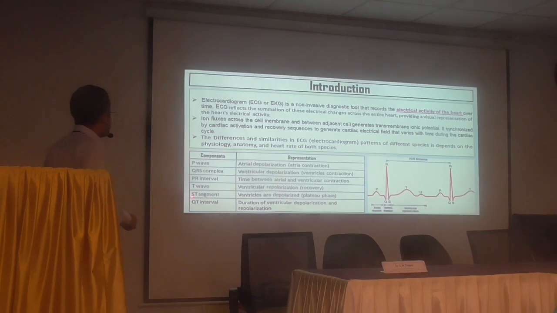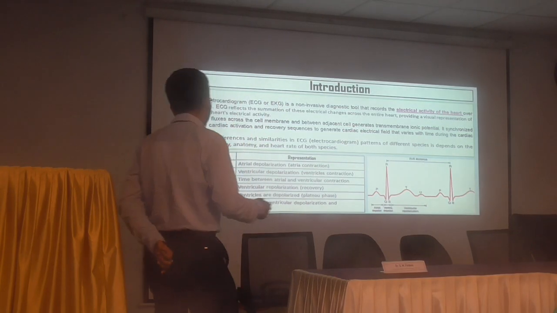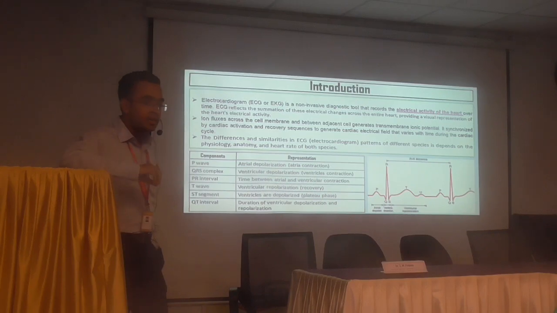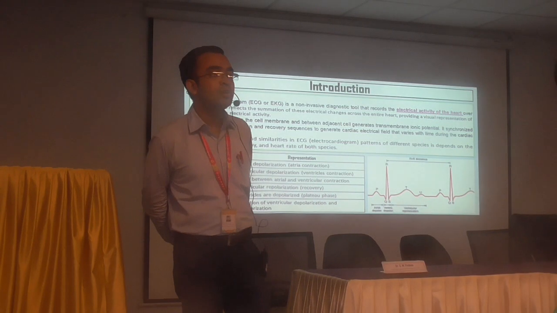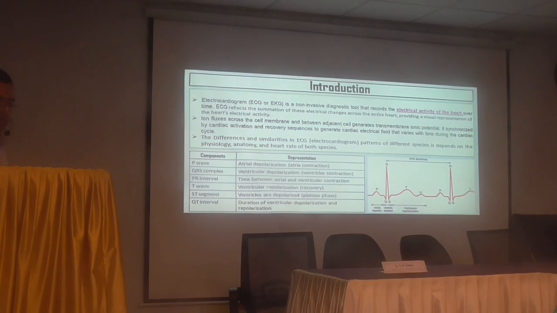And another one is the ST segment. S and T. The T wave denotes ventricular repolarization. Very good. So the ST segment indicates whether the ventricle gets depolarized or not, repolarized or not. Okay.